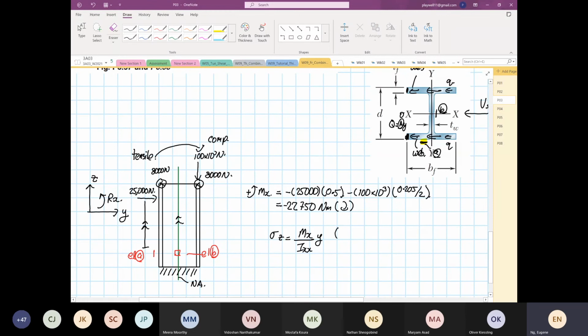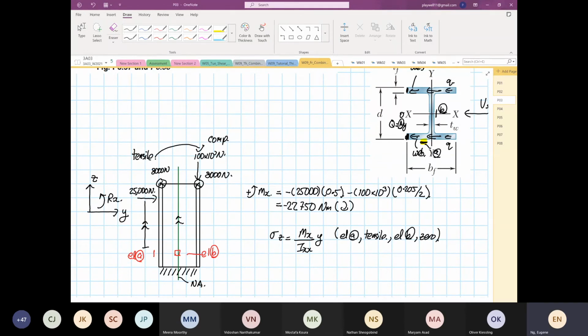So for this case, element A will be in tensile, and element B will be equal to 0, because it is spot on the neutral axis.